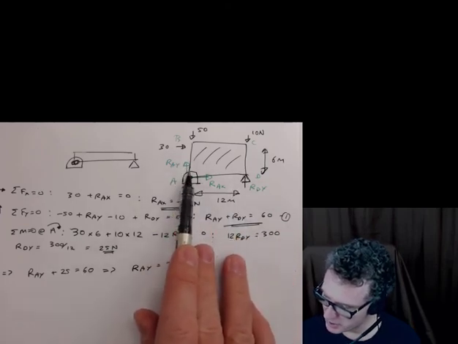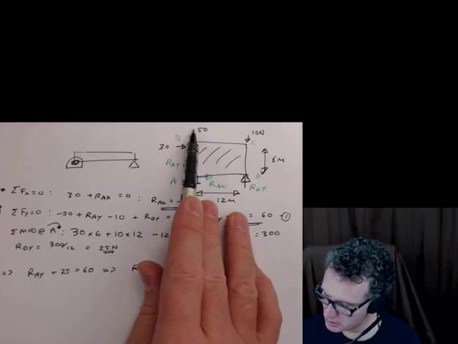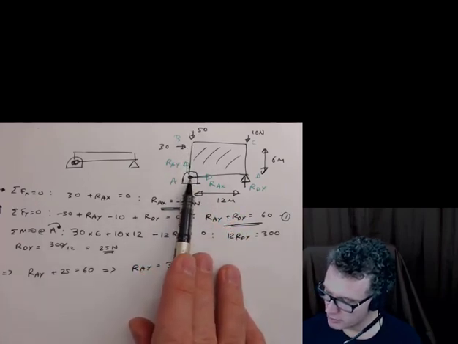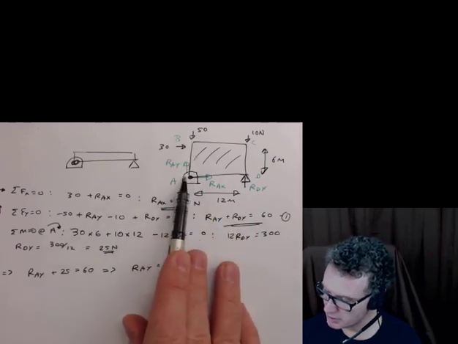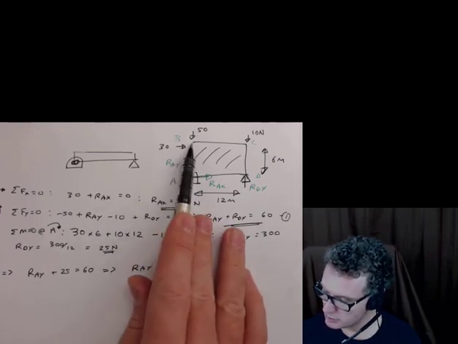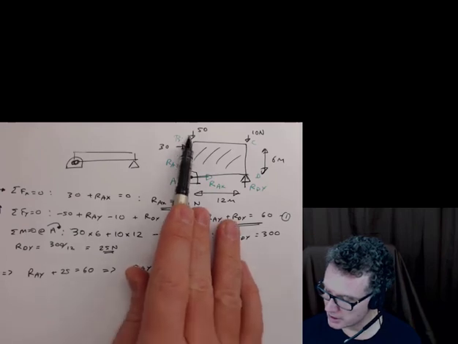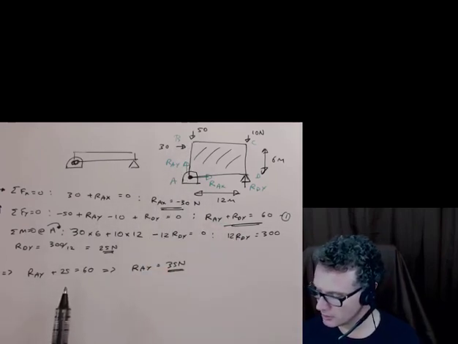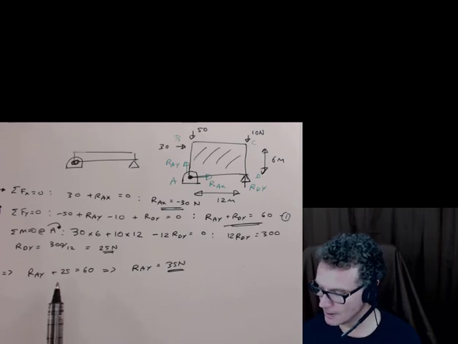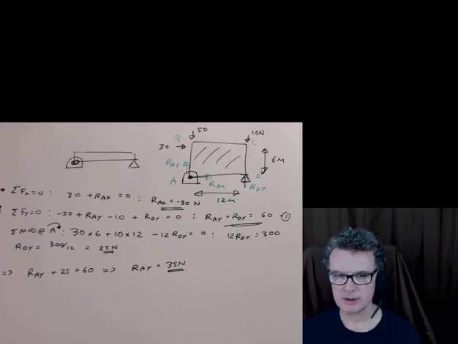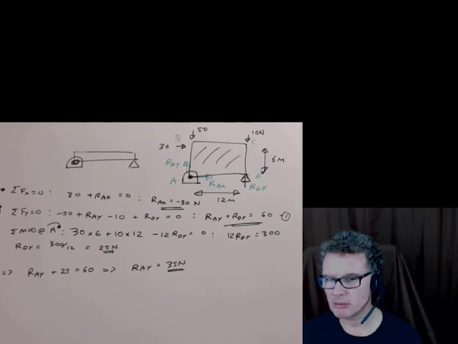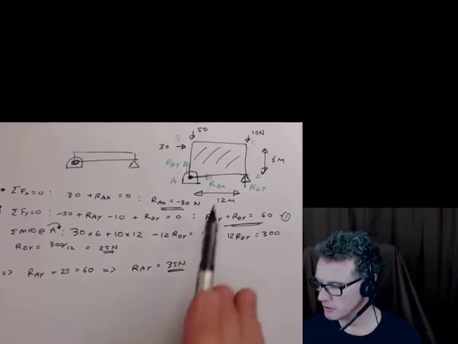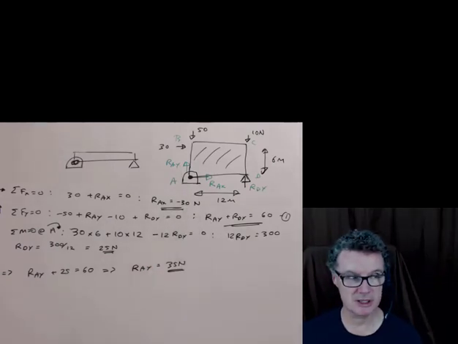And these other ones here, so this 50, you can imagine, well, I'm bringing its line of action down and it goes all the way through the pivot, so that doesn't create a moment. This 30 is already sitting on the y-axis there, so we can measure its distance and work out what the moment is there. Okay, so that's not really a framework problem, but it's like a rigid body problem with forces arbitrarily located in space.